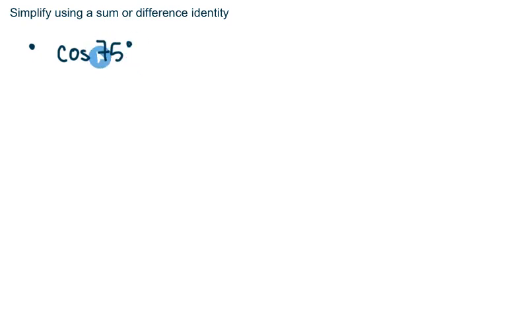So we want to find an exact value for cosine of 75. Sure, you can type this right into your calculator. You'll get a decimal, 0.258819041. Sure, cool. I want you to give me an exact value. So that decimal I gave you is not exact.